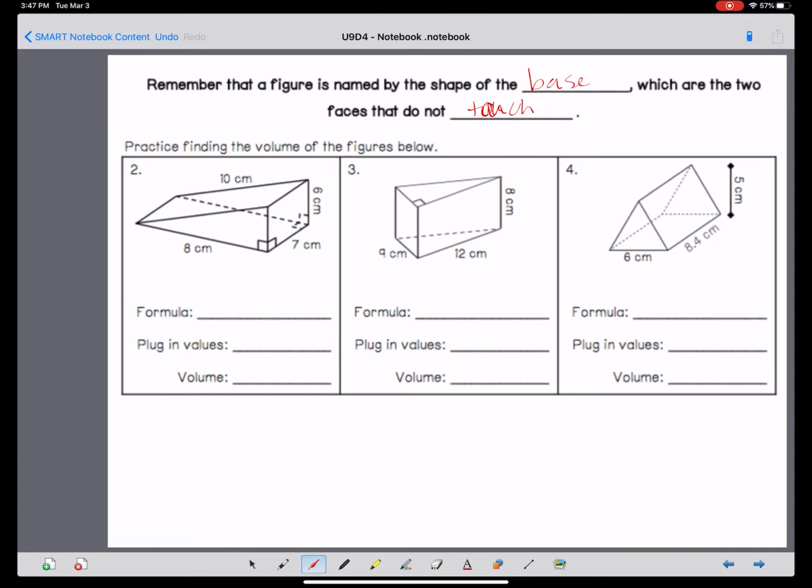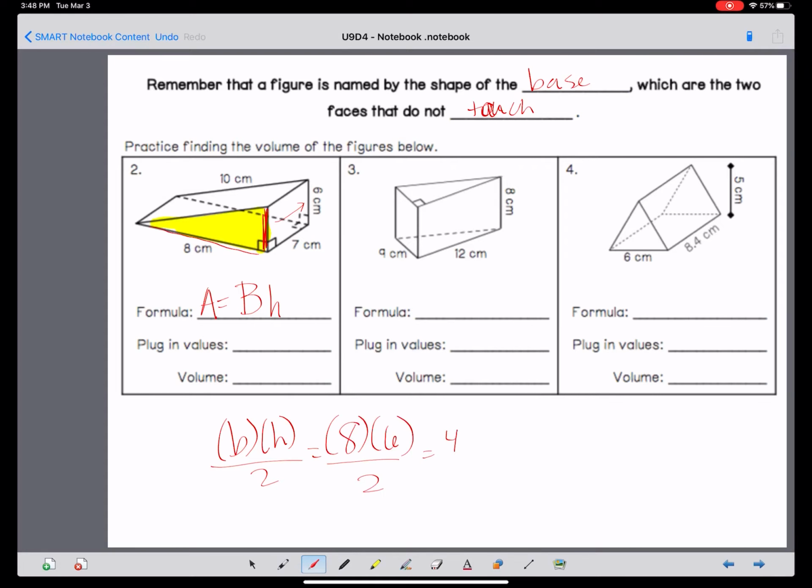Now remember, the formula is the area of the base times the height. Well, my base is this triangle right here, and the area of that, I need to do base times height divided by 2. Well, my base is going to be 8, and the height, over here it says is 6. So let's do 8 times 6 divided by 2.